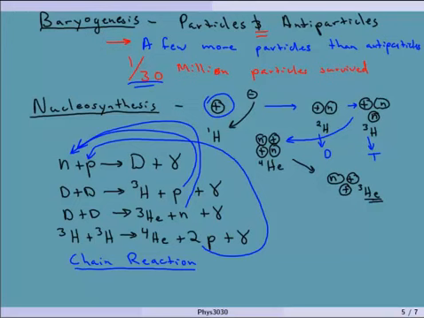Now, the big thing that your book sort of neglects to tell you is that helium is a very stable nucleus. And the fact that it's very stable means that once you get to helium, you have to work hard to get bigger. Okay, so we get beryllium and lithium.